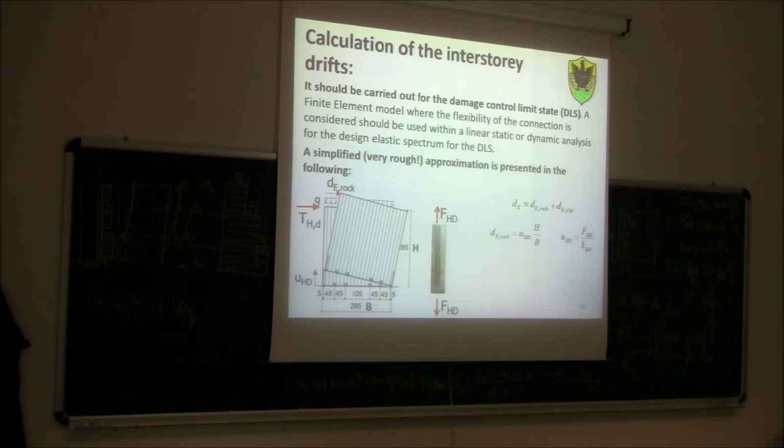If I design a hold-down using capacity-based design, remember when we said two days ago that a hold-down shall be designed using capacity-based design, the idea is that a hold-down should have the metal plate over-designed and also the bolt over-designed, in order to make sure that I will have plasticization only of the nail connection. So if I have an over-designed hold-down, I can say that the stretching of the bolt is negligible, the elongation of the plate is negligible, and what really counts is just the nails here.